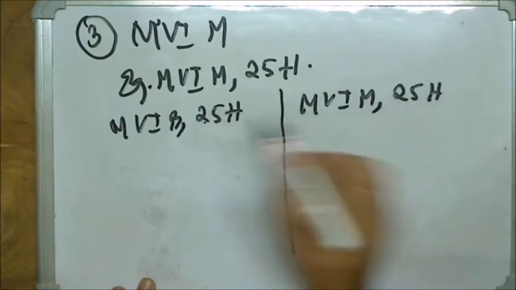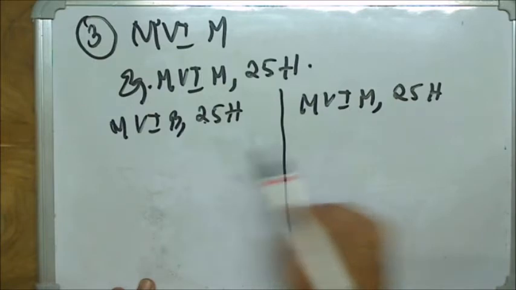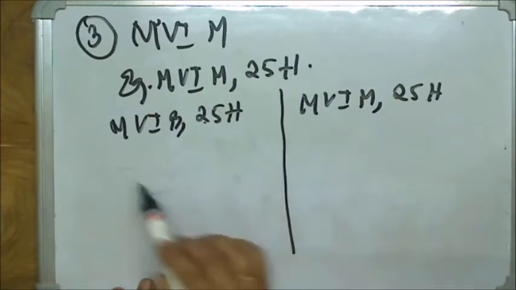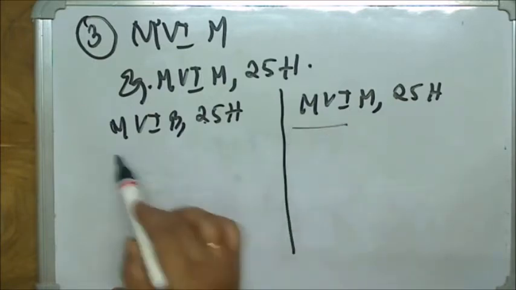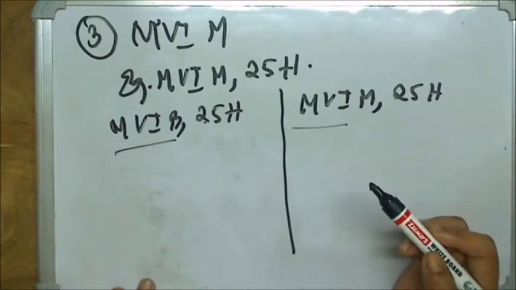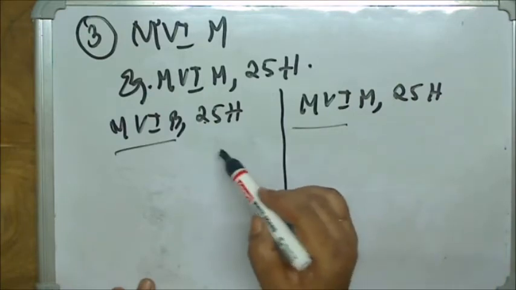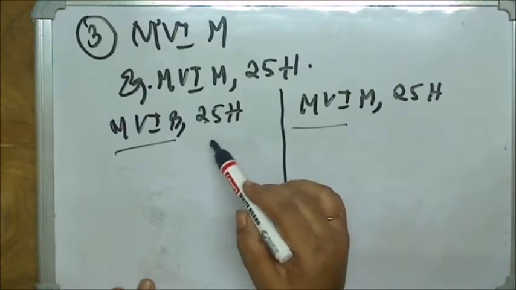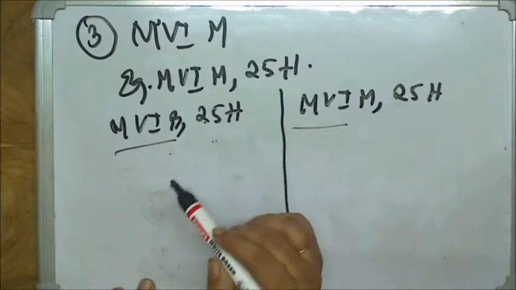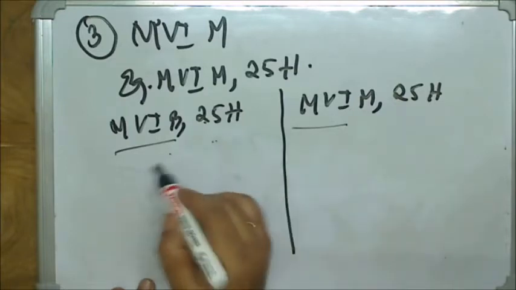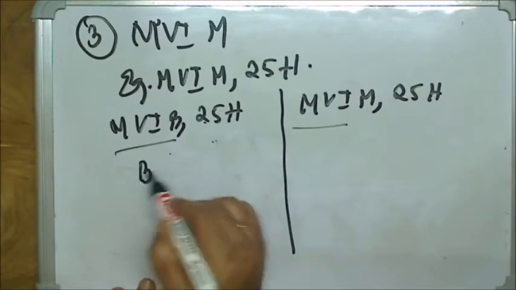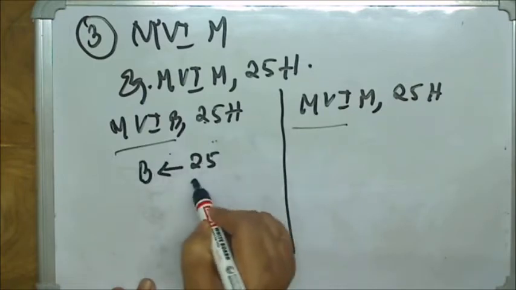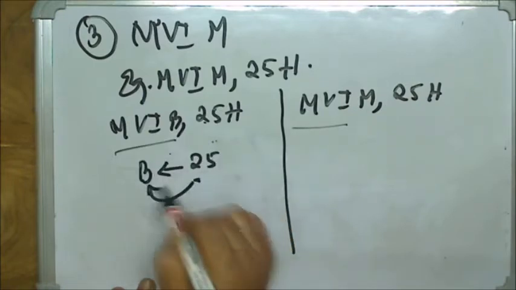So what is the difference between these two instructions, MVI B and MVI M? Both MVI work on 8-bit data. In MVI B, 25H, you are putting 8-bit data 25H into register B.